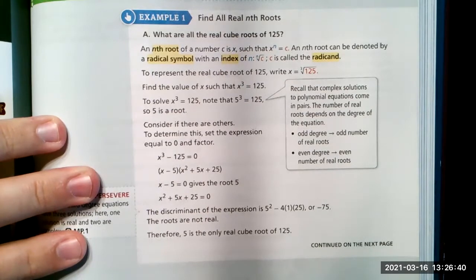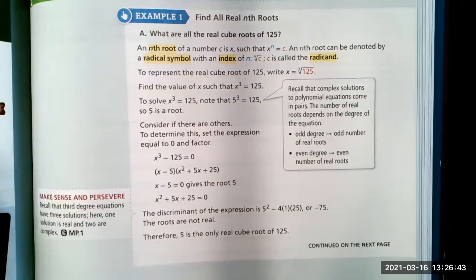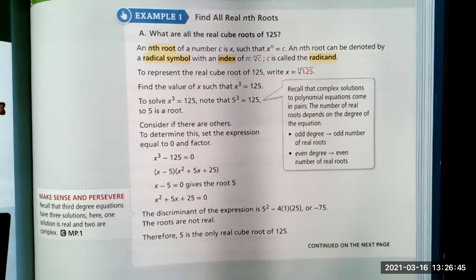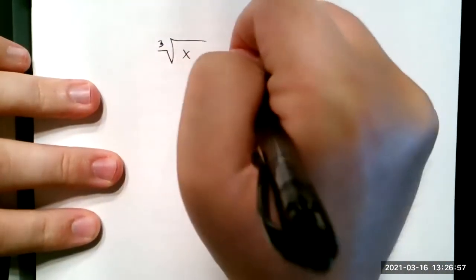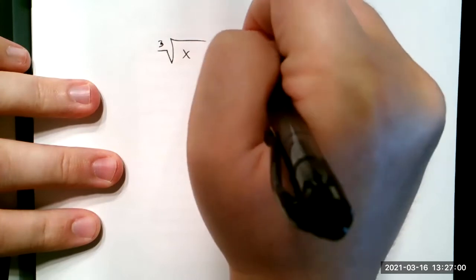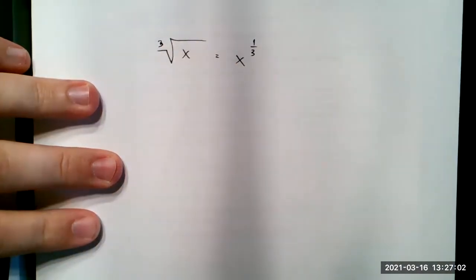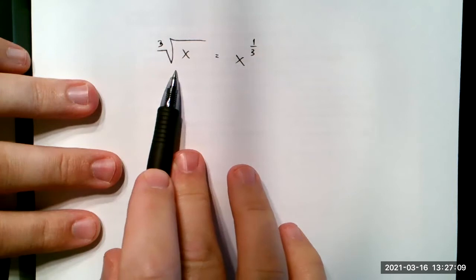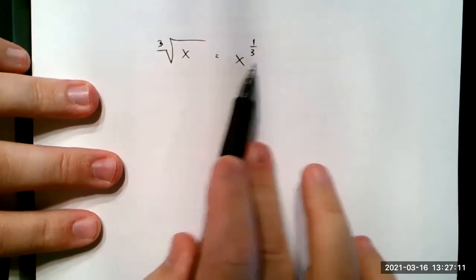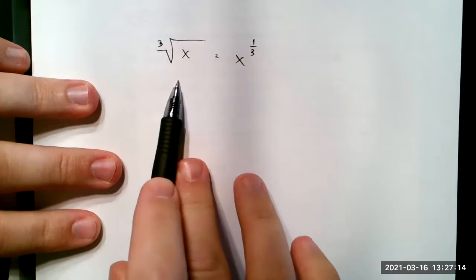Let me make something up. If I say the cubed root of X, I can rewrite that as X to the 1/3 power, okay? They go back and forth. Sometimes the way you write it like this might make more sense, but you can also write it like this. Just be aware that you can go back and forth between the two things.